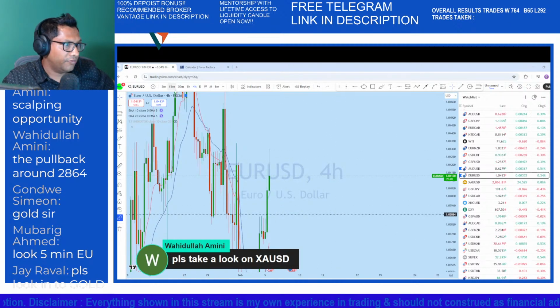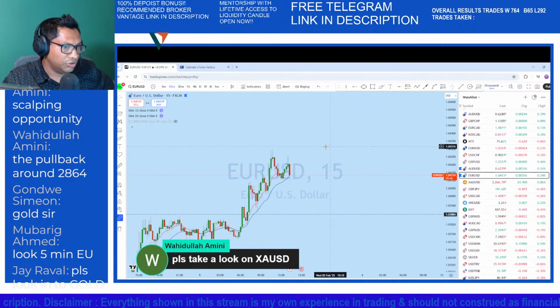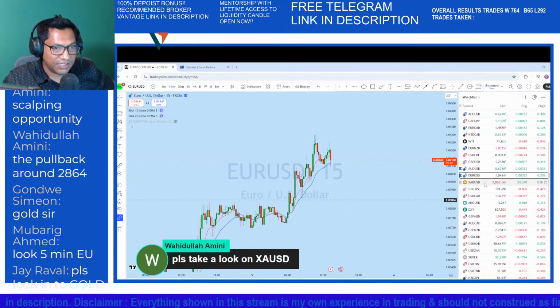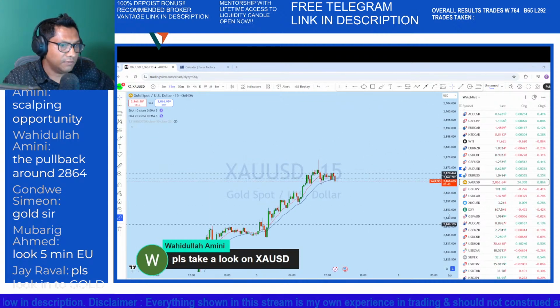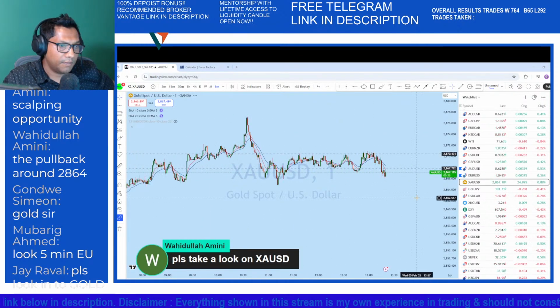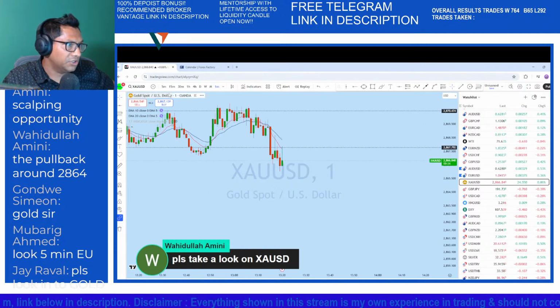So for potential entry, though it is in an uptrend, we might see some short-term downtrend here. On XAUSD also there's some bearish pressure.